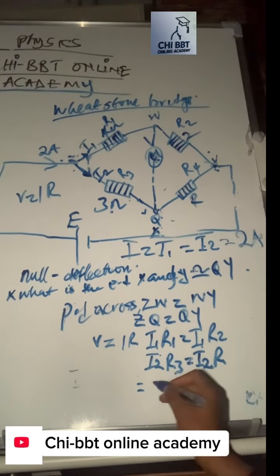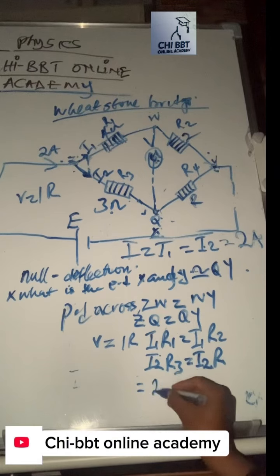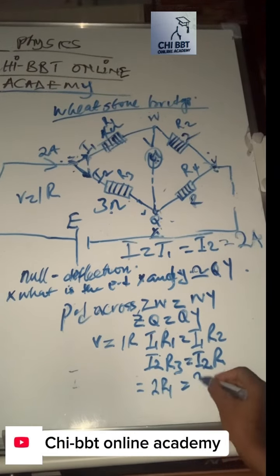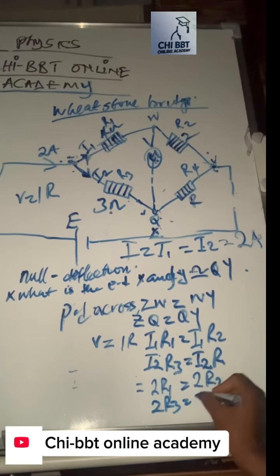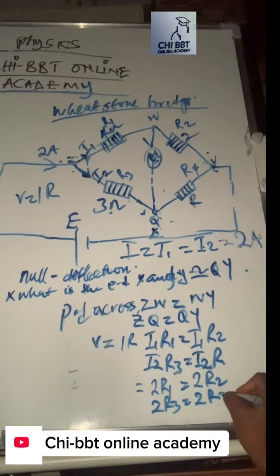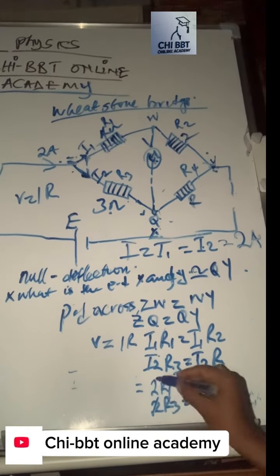So in this diagram, look very well, we have 2R1 equal to 2R2, those currents being equal, then 2R3 equal to 2R. The 2 will definitely cancel each other.